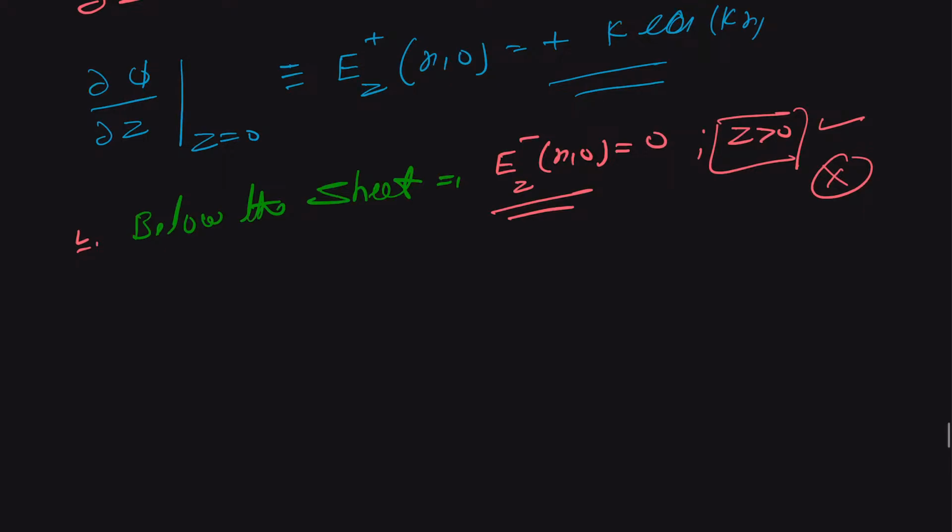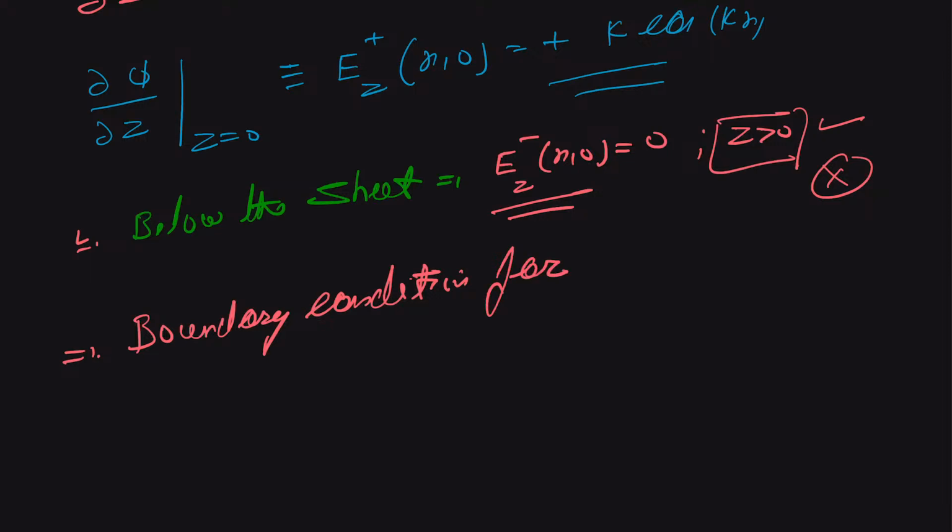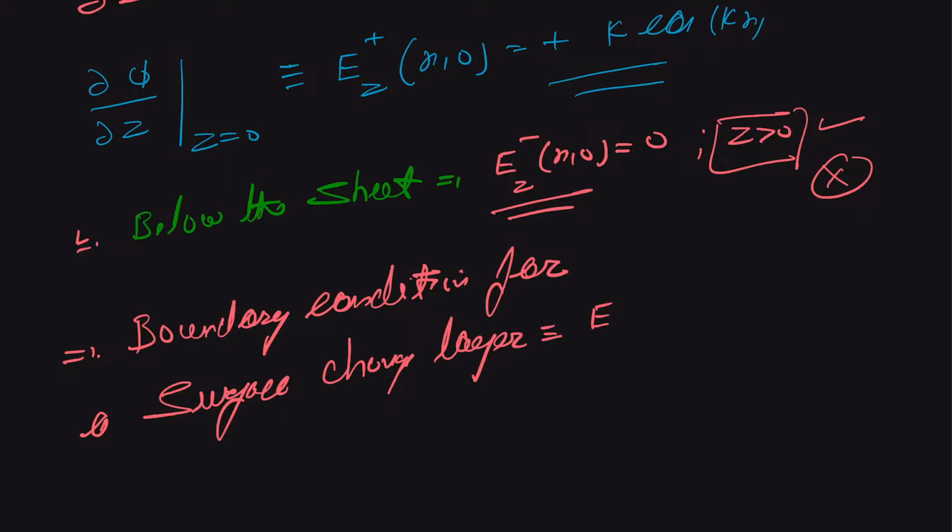Therefore we can use the boundary condition for a surface charge layer, and that is equal to the difference in the electric field above as well as below.